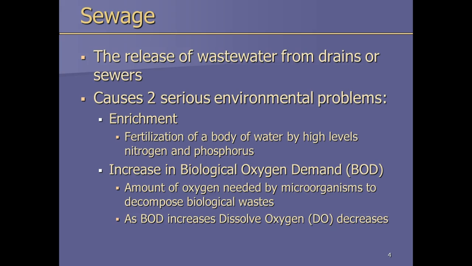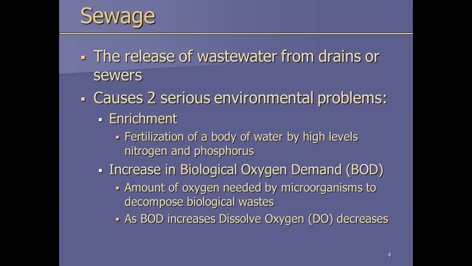Bodily functions. Proteins and nucleic acids contain nitrogen and phosphorus. You have nitrogen and phosphorus in you, so it is going to come out through urine and through fecal matter. So that causes this enrichment process to start.